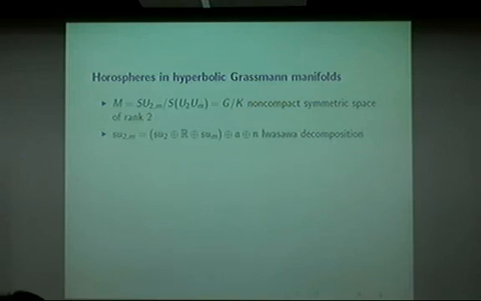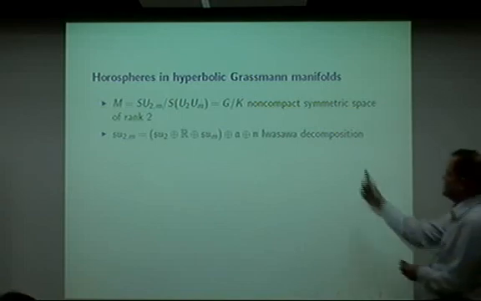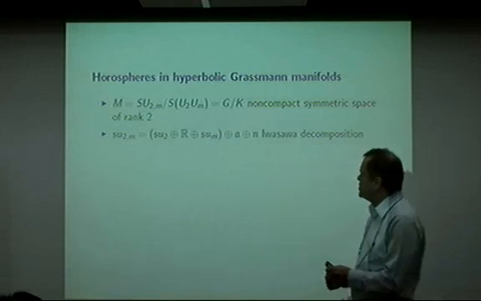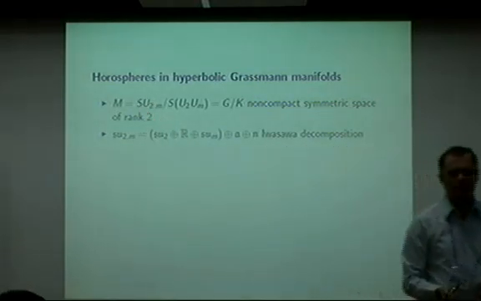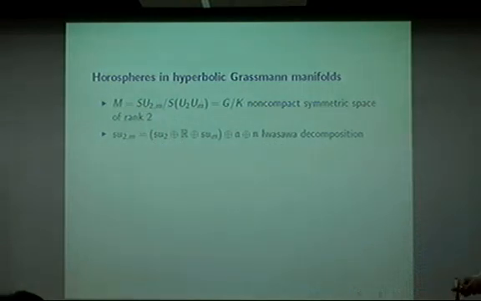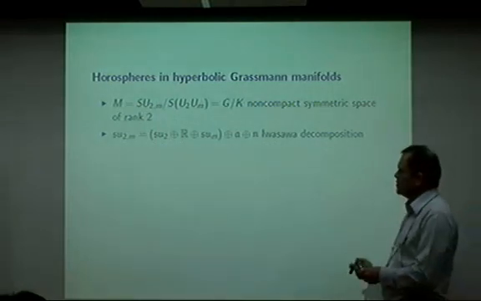So what do we want? Positive definite two-planes in this particular complex vector space with this indefinite metric. So this is a non-compact symmetric space of rank 2, and it also has an Iwasawa decomposition because this is a non-compact real simple Lie group. Whenever we have such a group, we have an Iwasawa decomposition.